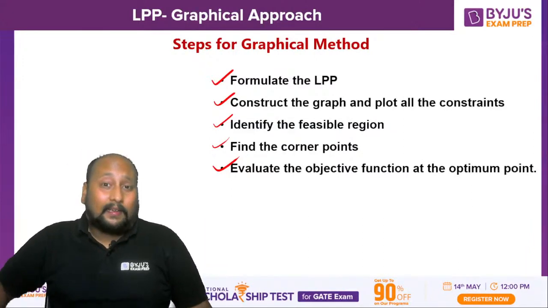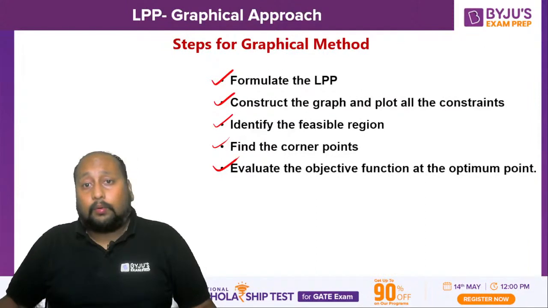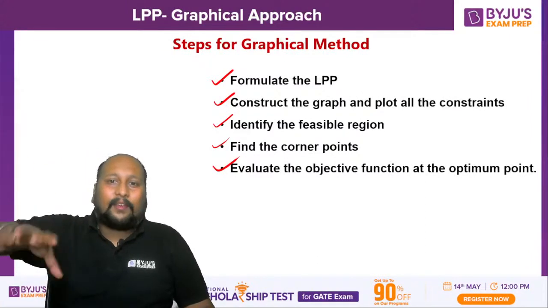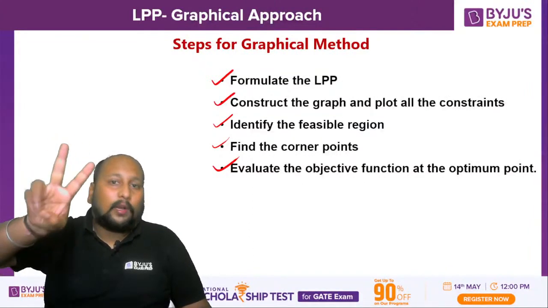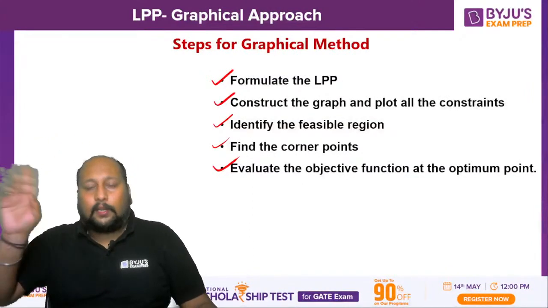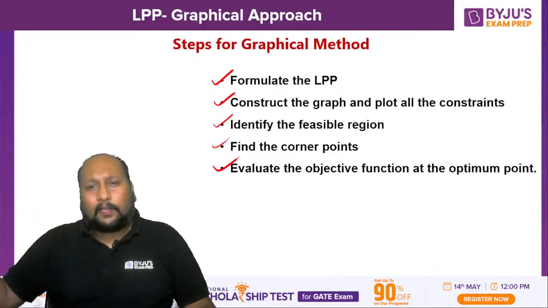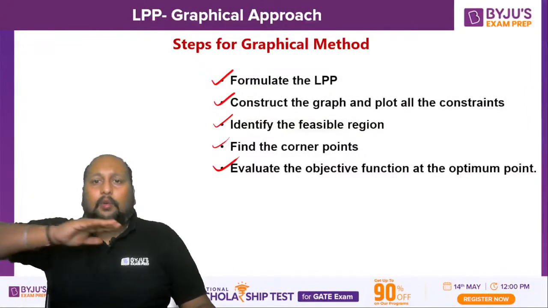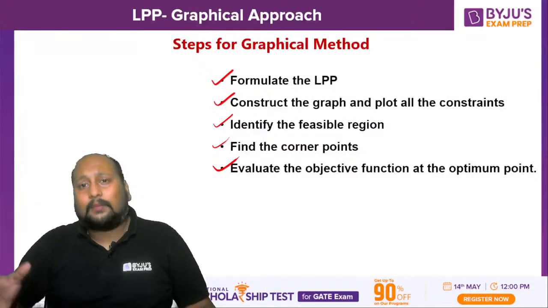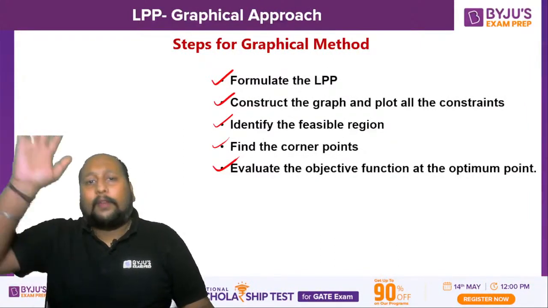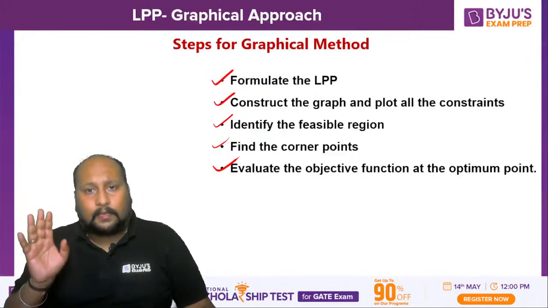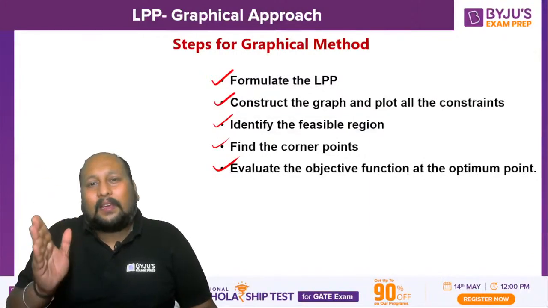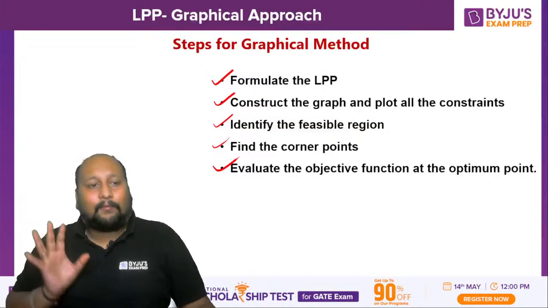It is practically very difficult to plot this graphically. The graphical method is normally applied whenever we are dealing with two variables, x, y or x1, x2. So the biggest drawback is that you cannot use this method if you have more than two variables. If you have two variables, the best is to go for the graphical method, because that will give us the optimum result in a very short time.